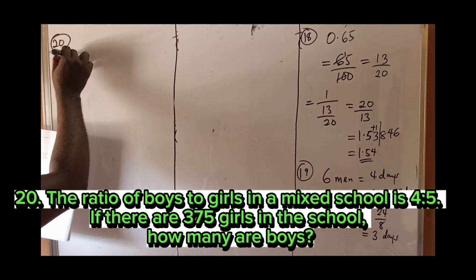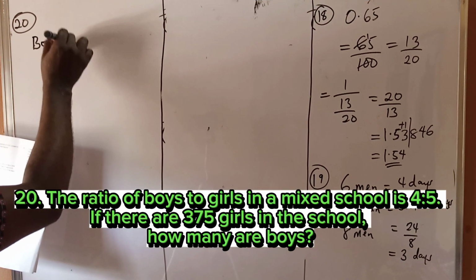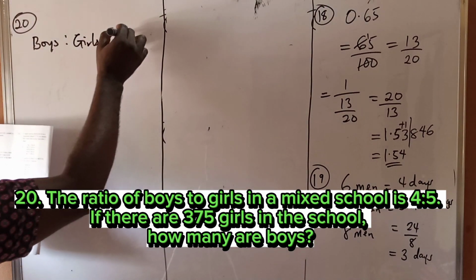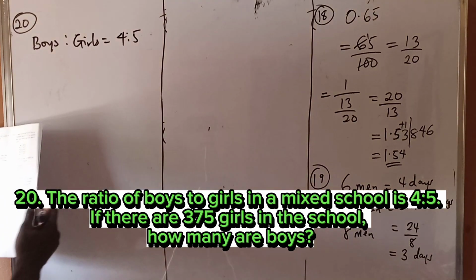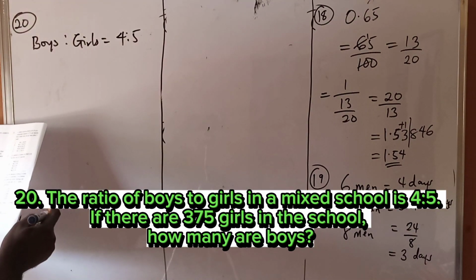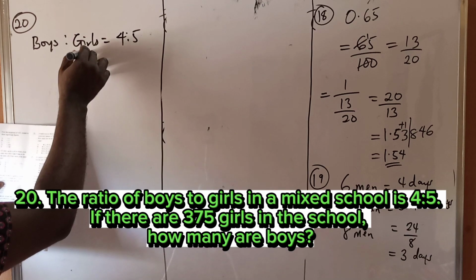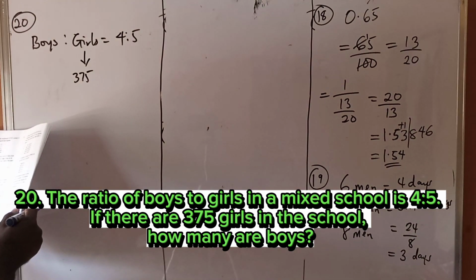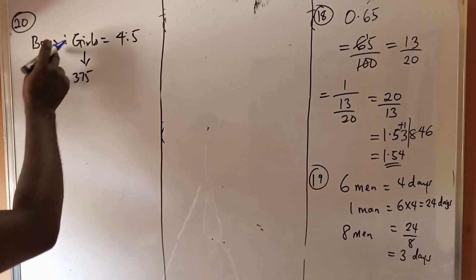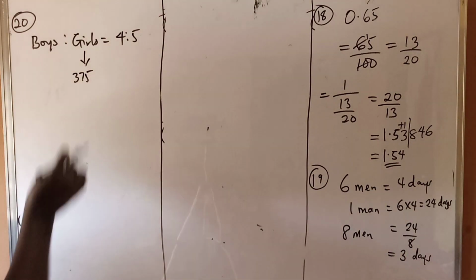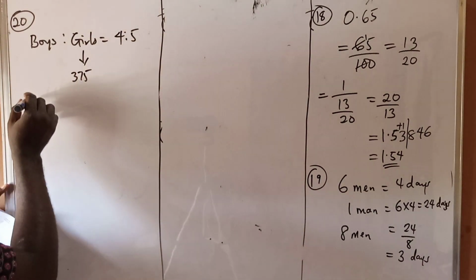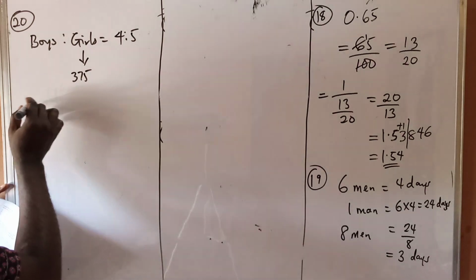Number 20. The ratio of boys to girls is given to be 4 to 5. If there are 375 girls in the school, how many are boys? We want to get the number of boys. The first thing is the total number of students in the school, both boys and girls.